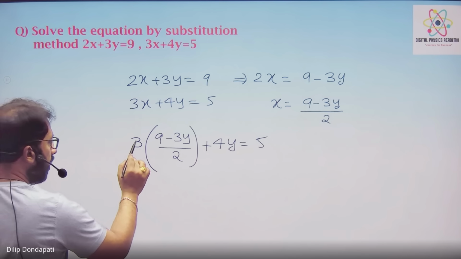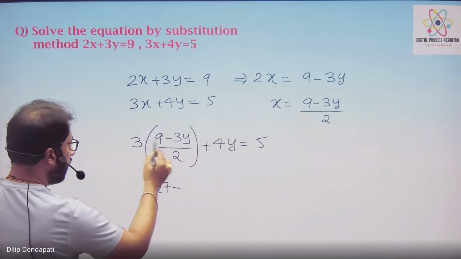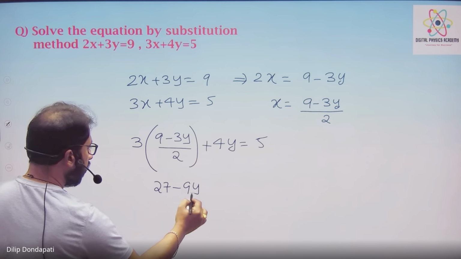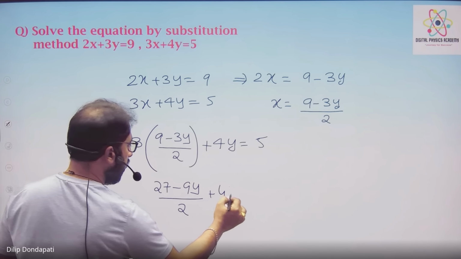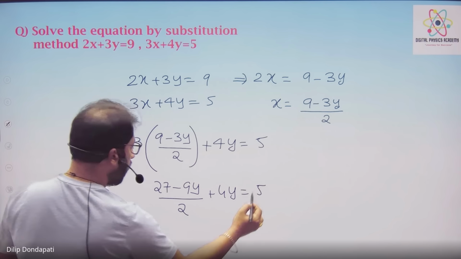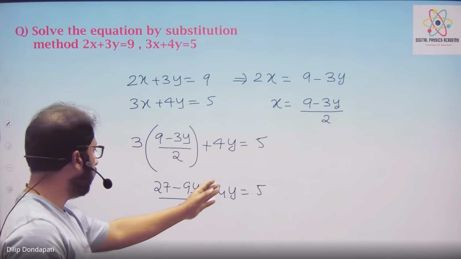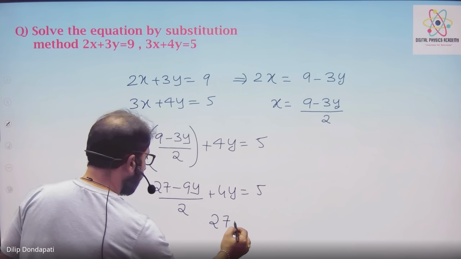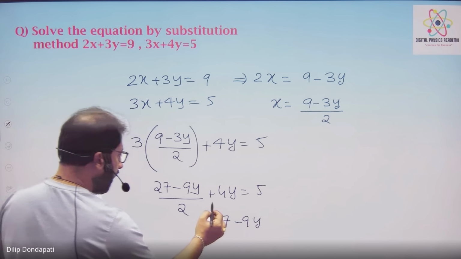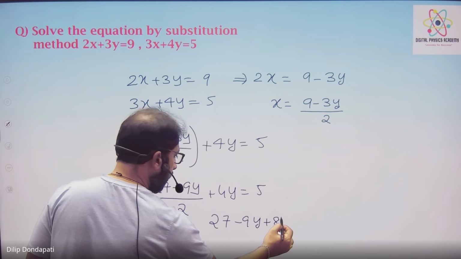Now multiply 3 into 9 is 27 minus 9y by 2, plus 4y is equal to 5. Now I want to find the value of y, right? So take the LCM. What will it be? 27 minus 9y. In the LCM there is 2, multiply by 2, right? So plus 8y.